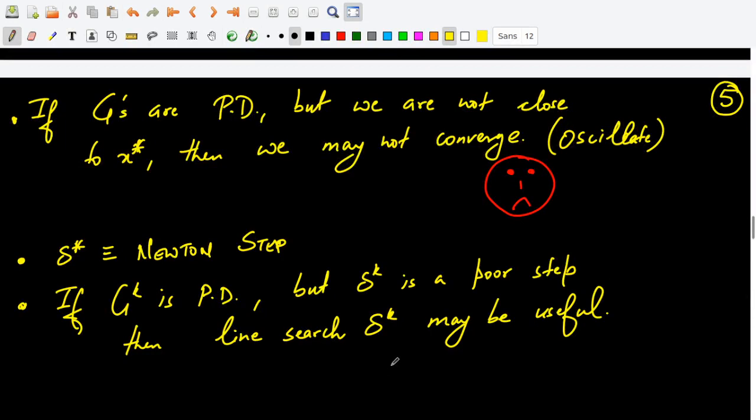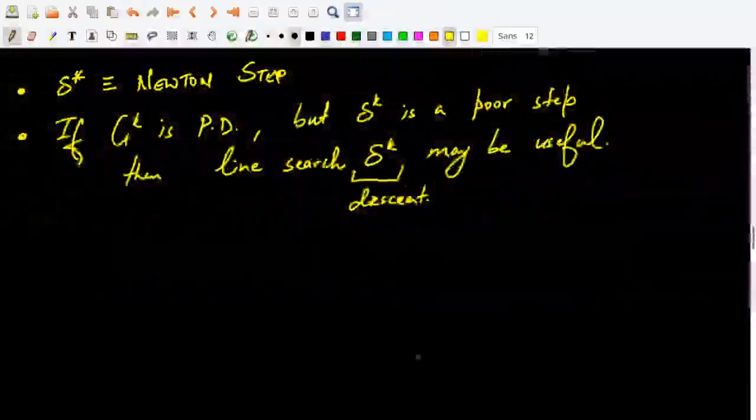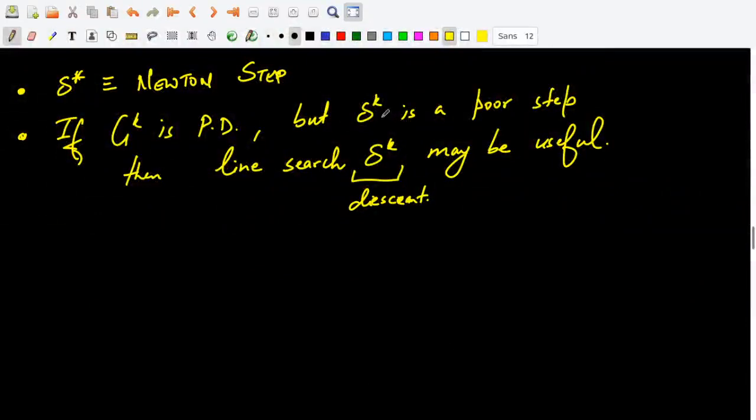And this we know is a direction of descent. We just discussed this about 5 minutes back, that if gk is positive definite, then this is a direction of descent. But if I just take the delta k step, it may not lead to a decrease in f. So then I might do a line search around this point and get a point where I see some improvement.